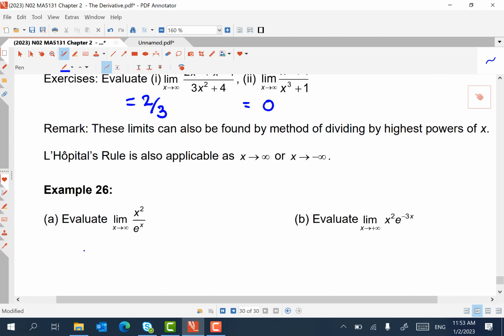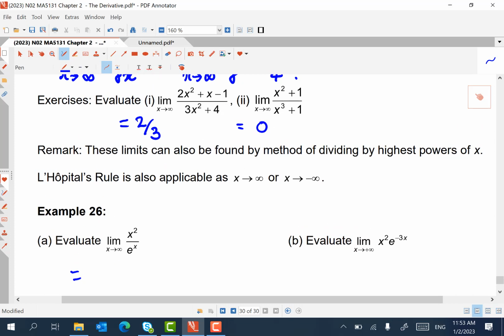You can just use the shortcut after. This one, I will advocate the use of L'Hopital. It looks the same.